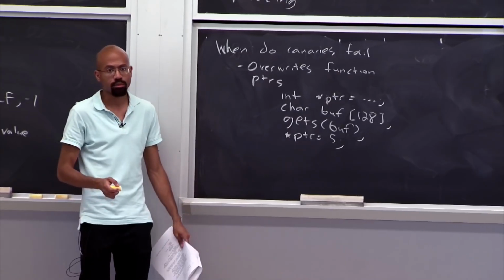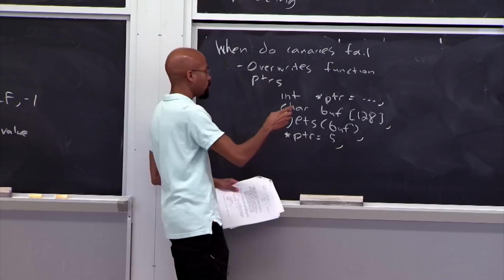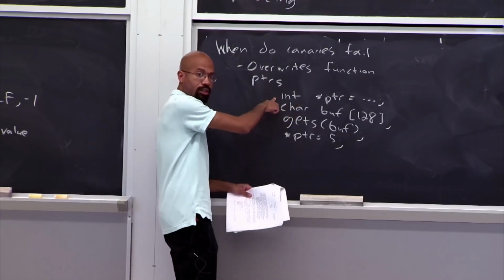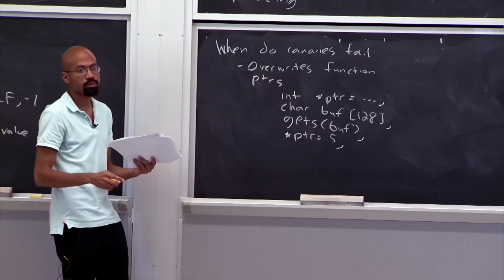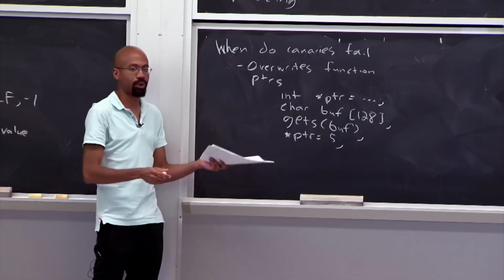Won't the pointer be below the buffer? So you're worried about whether it's going to be here or here. Well, I'm worried about whether you'll actually be able to access where the pointer is when you're overflowing. So it's a good question.